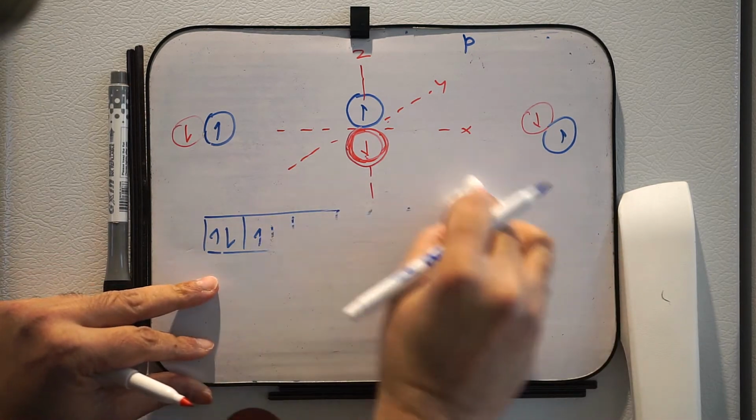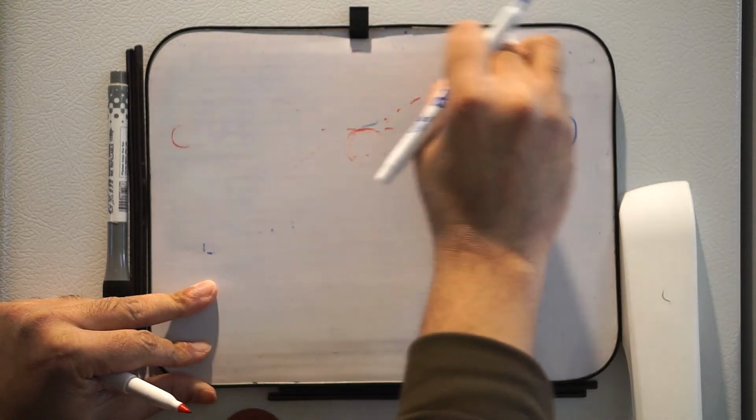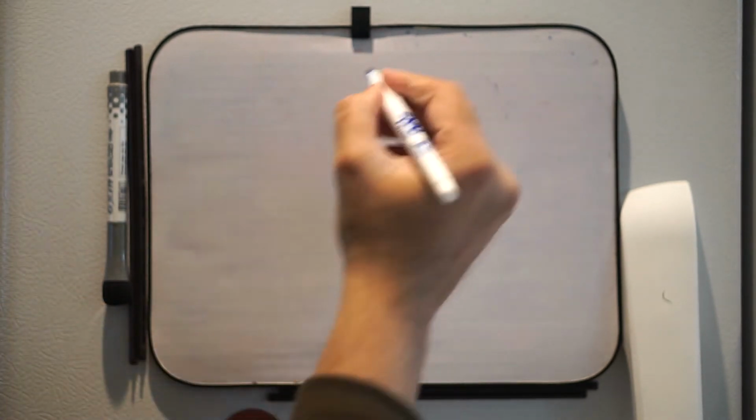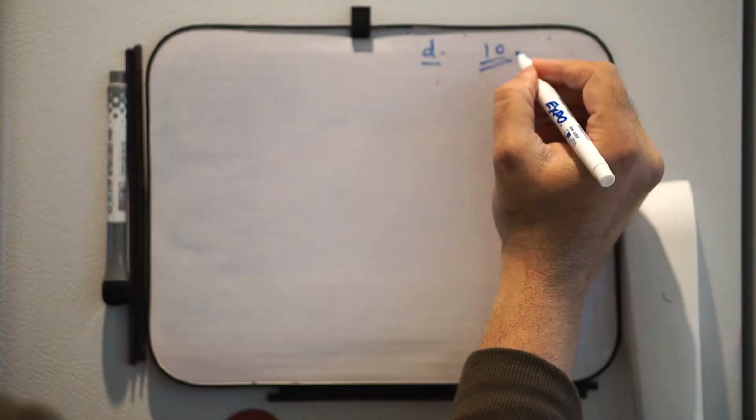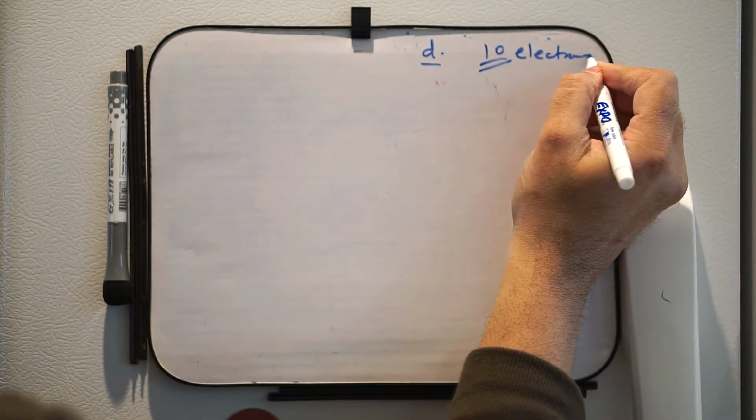Now going down further to the d orbital. The d orbital we know from Schrodinger's wave equation that it can hold 10 electrons. So how does that work?